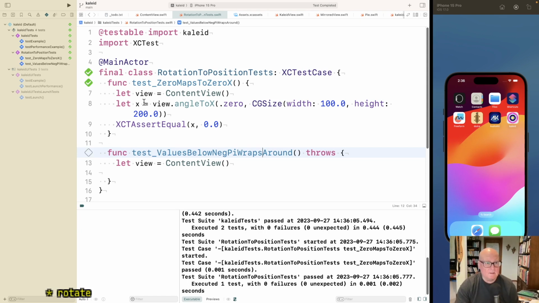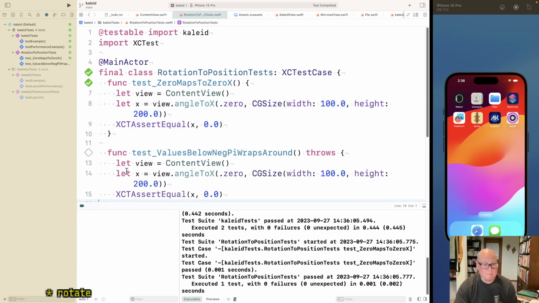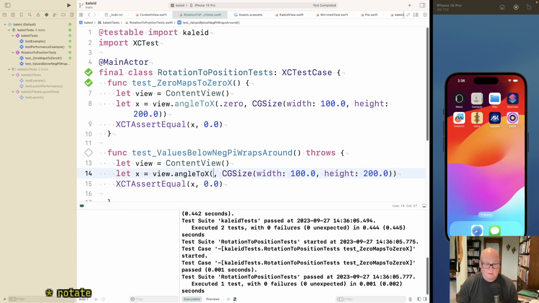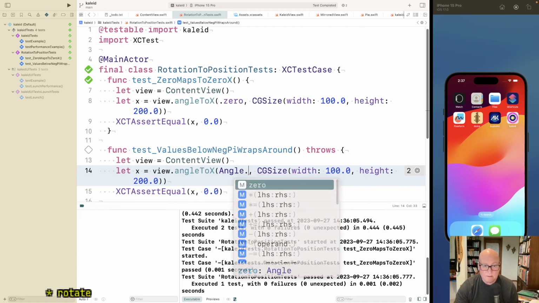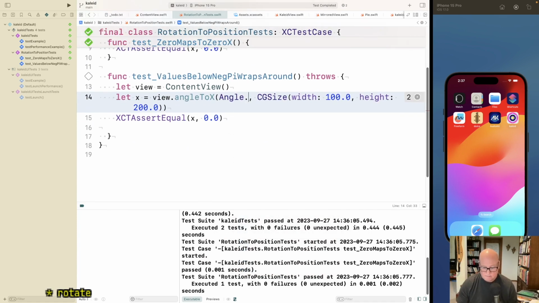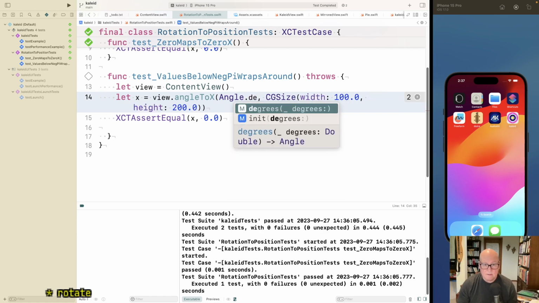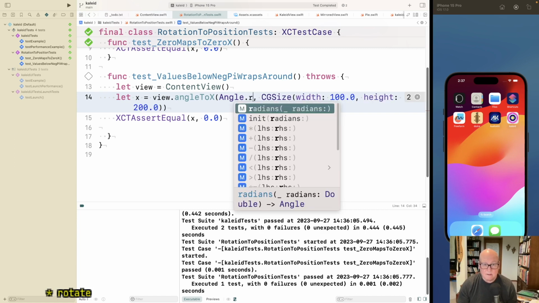All right, we'll take the same deal. Okay, so if you have an angle and it's angle dot degrees, well, radians.